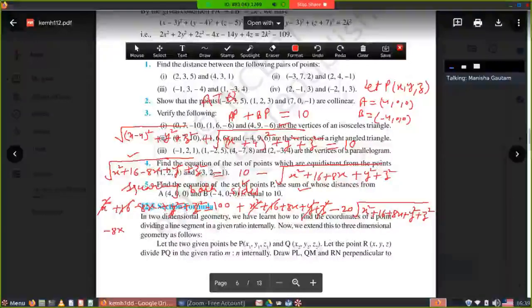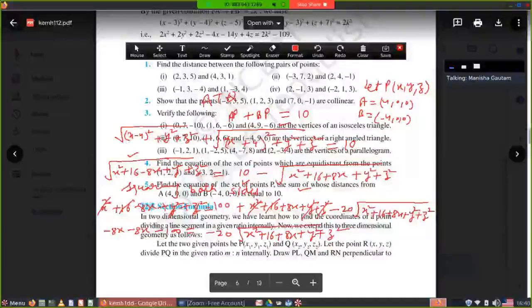Take this 8x to the left hand side, minus 8x, and take this 100 to the left hand side, minus 100, and it is equal to minus 20 under the root x square plus 16 plus 8x plus y square plus z square.